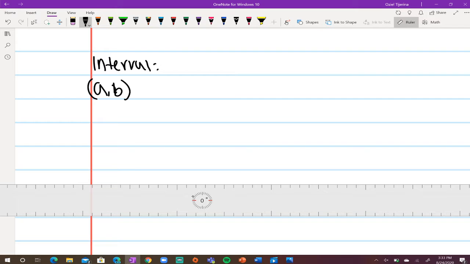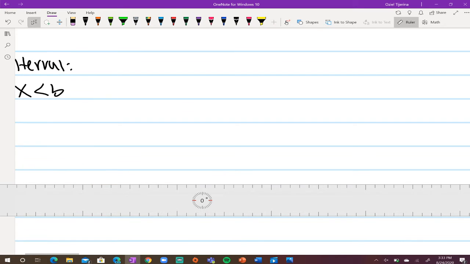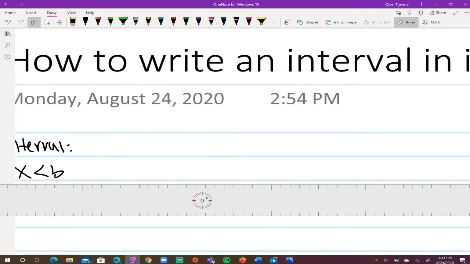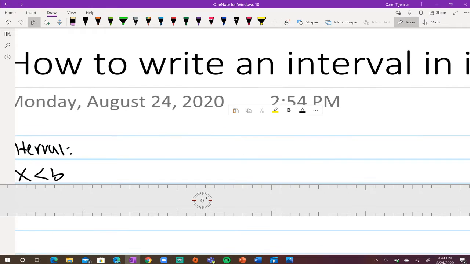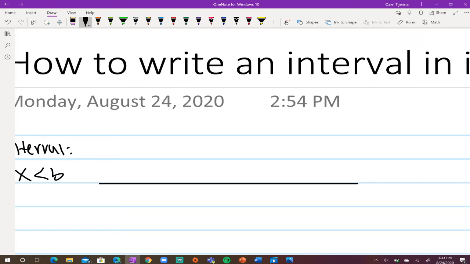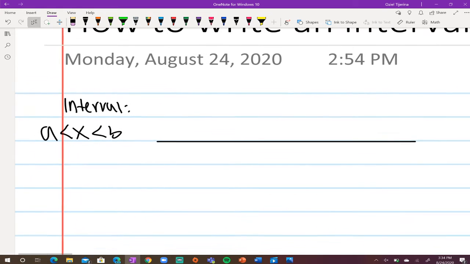And then when you say a is less than x is less than b and you want to graph it, this goes back to that other video that I did on how to graph inequalities on the real number line.